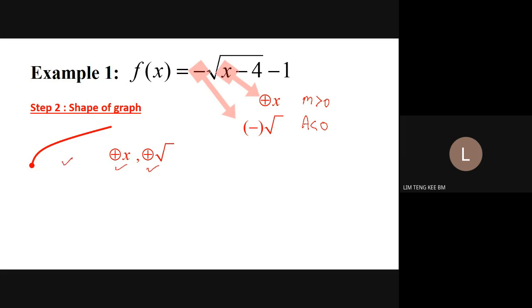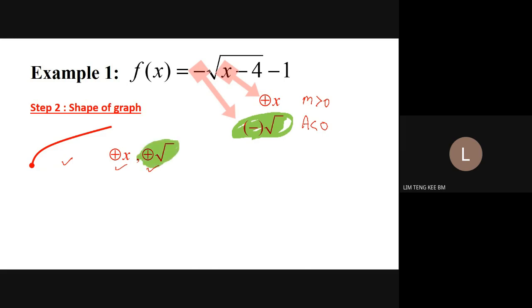So this is the shape that we have. From this shape, we do an adjustment to fulfill the requirement of the question. What is required by this question is that we want the square root to be negative. So I need to change the square root from positive to negative.